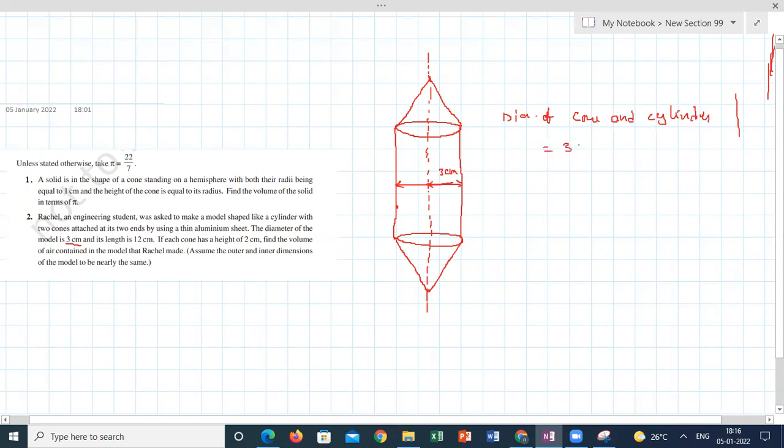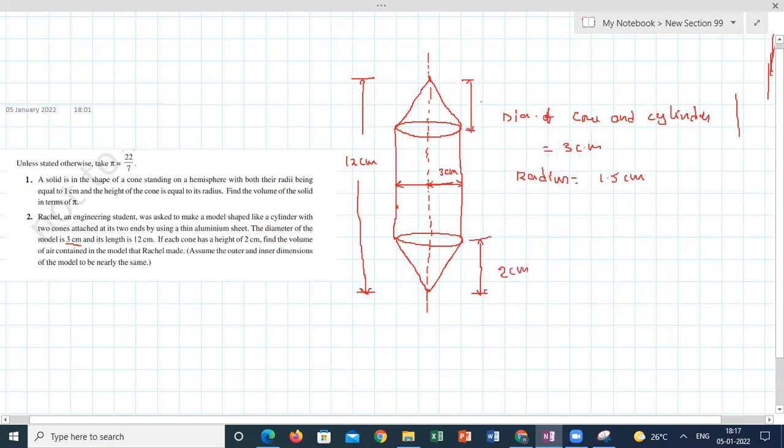The diameter of cone and cylinder is equal to 3 centimeter, and the radius will be half of the diameter. So the radius will be equal to 1.5 centimeter. And the total length is equal to 12 centimeter. They want it made up of an aluminum sheet, and each cone has a height of 2 centimeter.